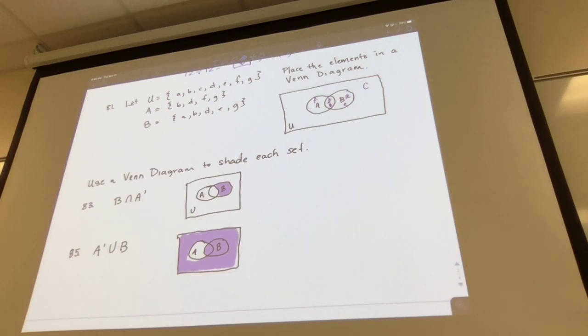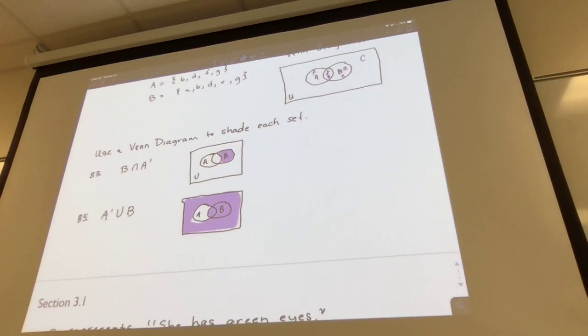So moving the scratch work and just looking at the solutions, that's what we have.